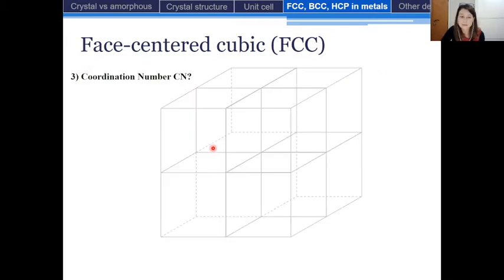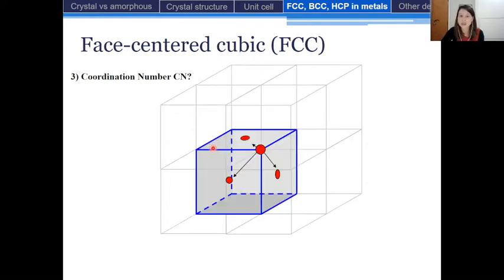So then what is the coordination number? So let's remember that the coordination number is the number of closest atoms for one specific atom, so the number of closest neighbors. So let's consider these specific atoms right here. As you can see, in this specific unit cell represented in blue, it has 3 neighbor atoms that are positioned at the center of these faces.